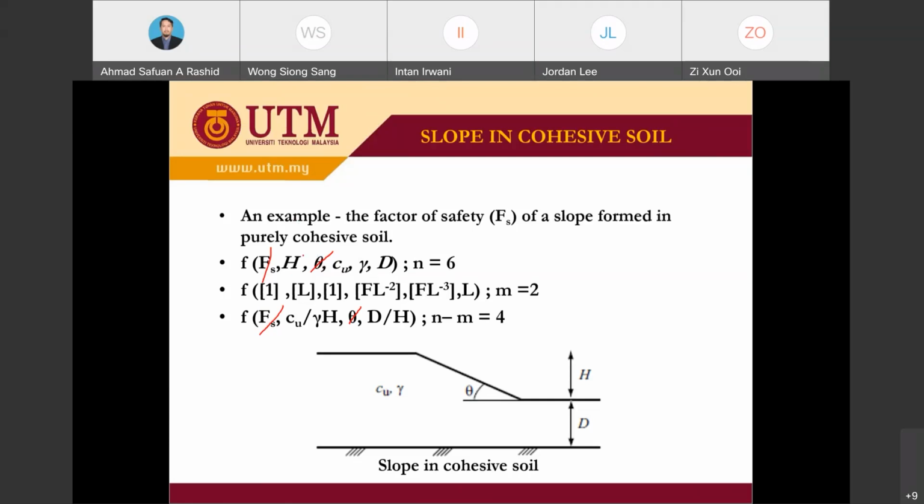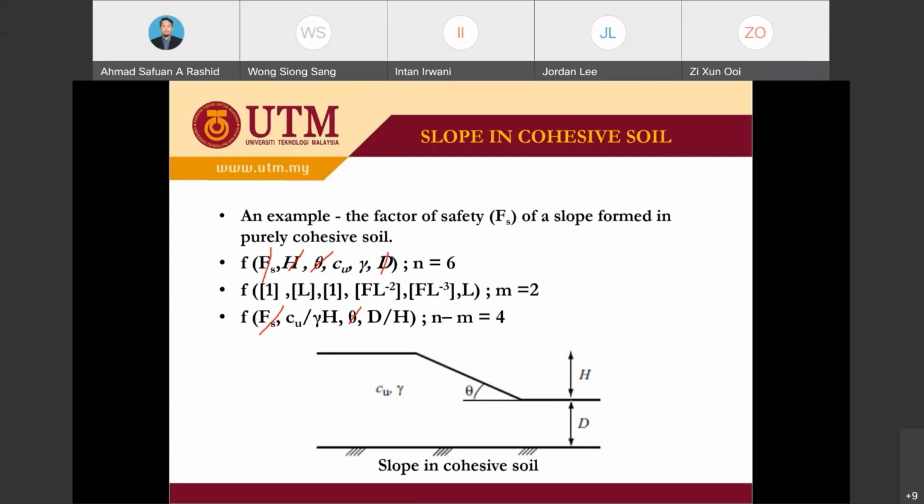Another simple way is to use meter by meter. So H over D or D over H. Okay. So we have the third one. Then the last one is to use Cu and also gamma. In this case, we need to use either H or D in order to get a dimensionless equation.